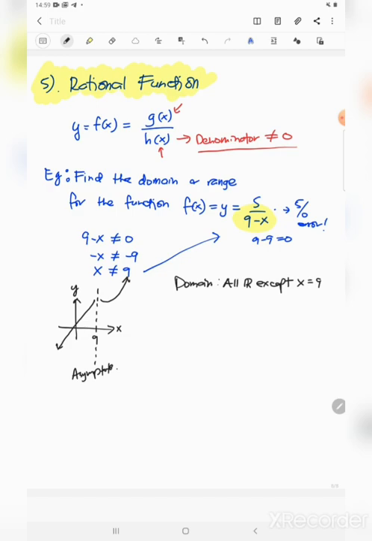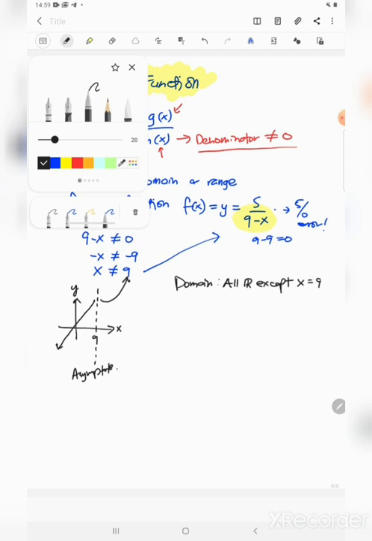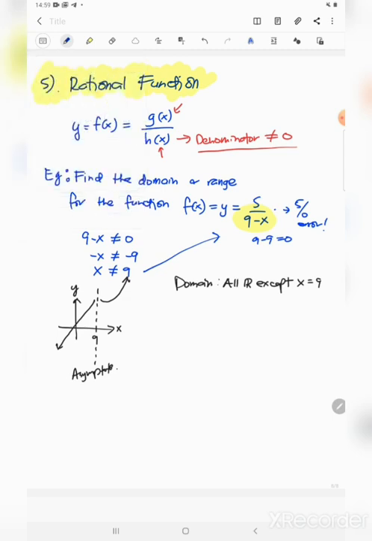Now, what is the range for this graph? For the range, you have to make x the subject. So now we have y equal to 5 divided by 9 minus x.